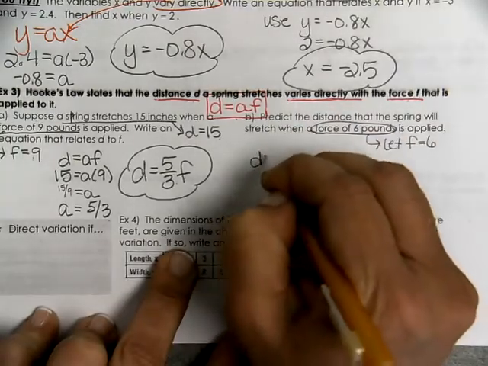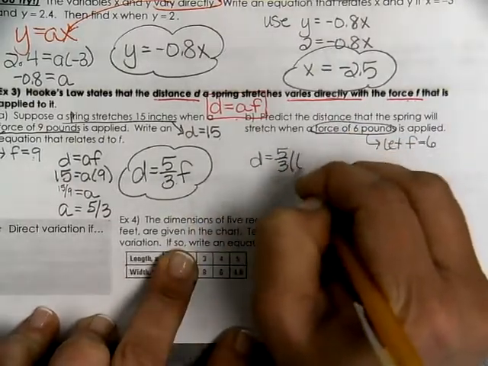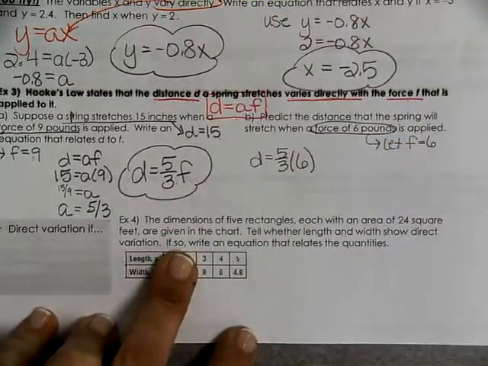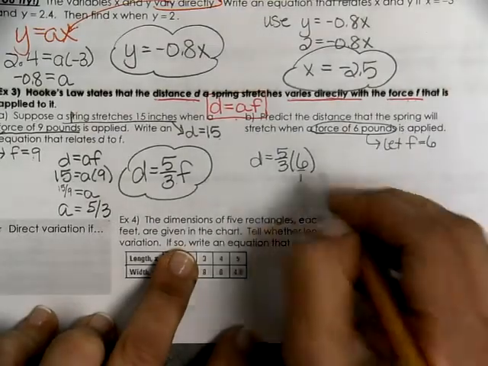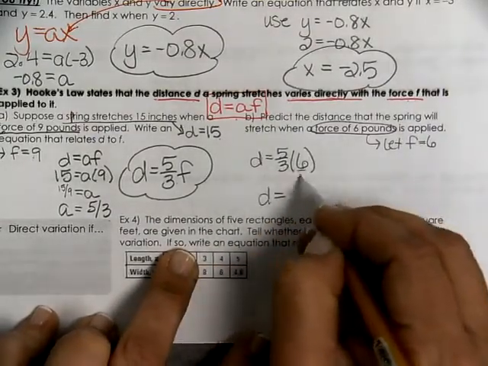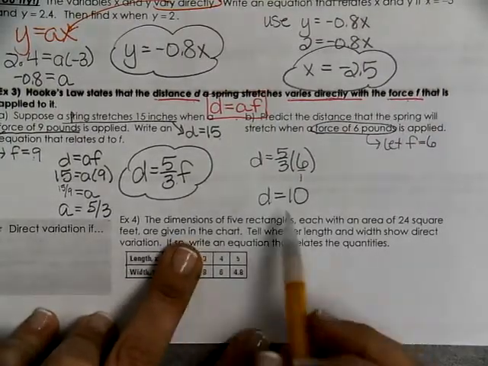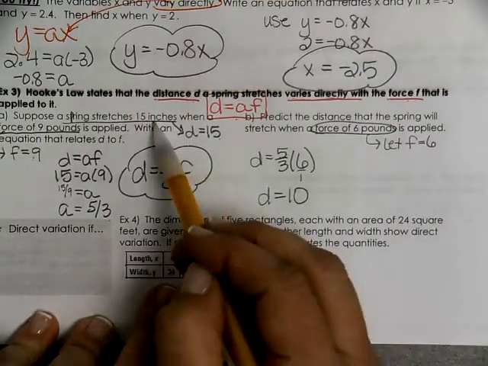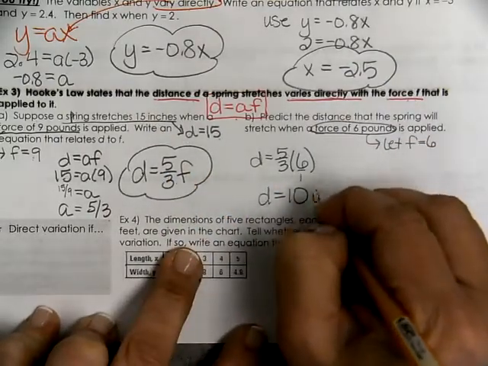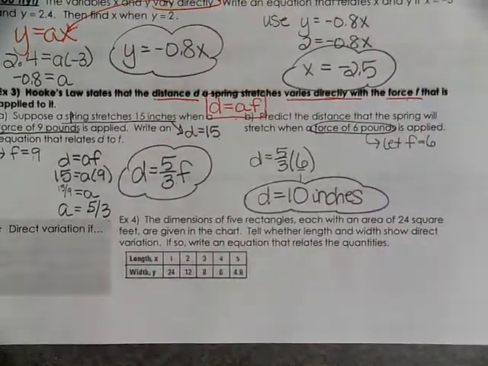So we're going to use this d equals 5/3 F, but in place of F, we're going to put 6. And so that means that d is going to be 30/3 or 10. And it looks like the distance was measured in inches, so I will say that my distance is going to be 10 inches that it is stretched.